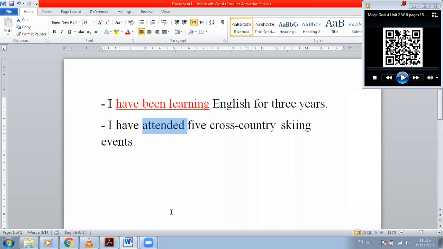No, the verb here is in the third form, verb three, because after have or has we have to use the third form of the verb, not the first or second. So the present perfect simple is have or has, and the past participle, or the form three of the verb. Excellent, Laith. Thanks a lot.